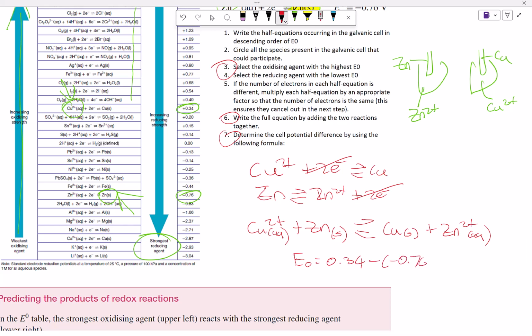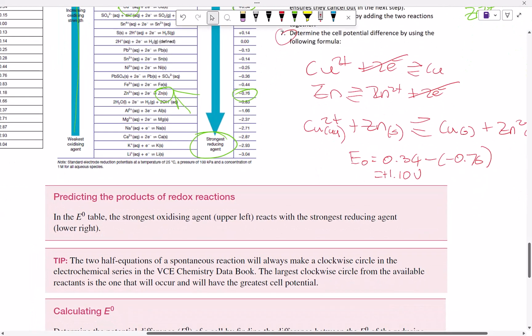Okay, and that would give you a value of 1.10 volts. You can put a plus in front if you need to. Okay, so that's how you can work through these questions.